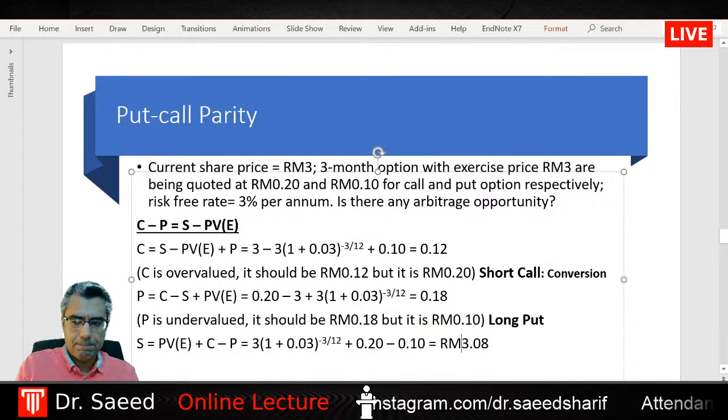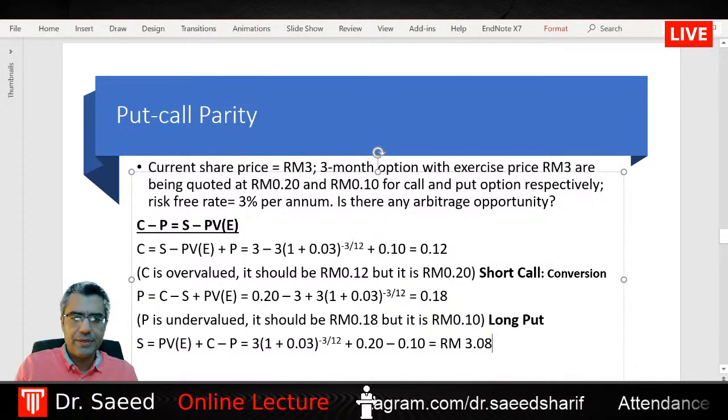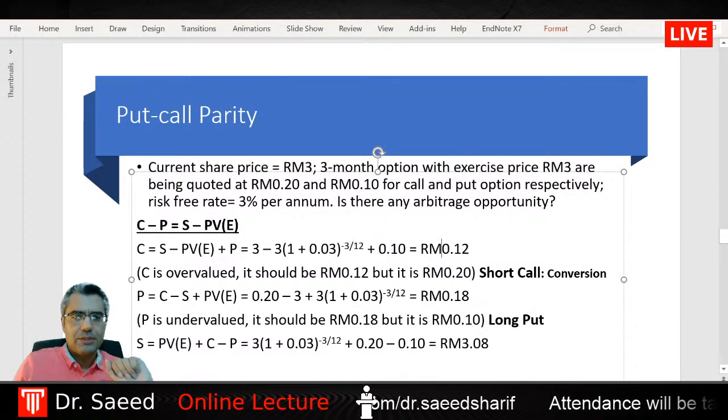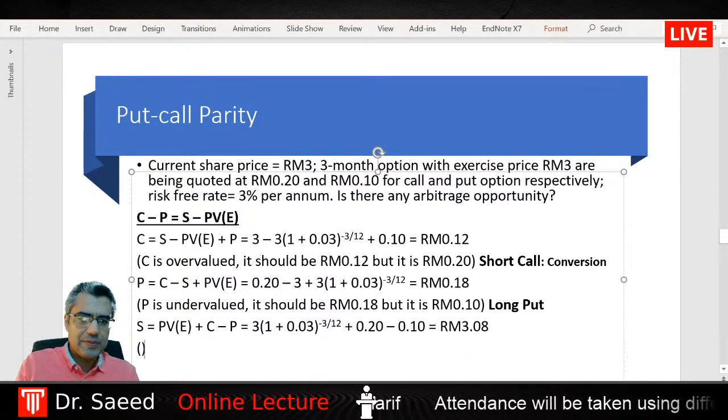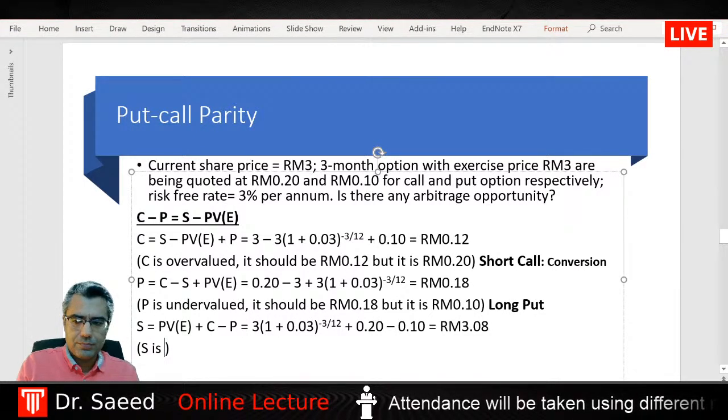Now compare what you have computed with the market price. The market price is 3 ringgit for the share, but you computed that it should be 3.08. This means that spot price or stock price is undervalued.